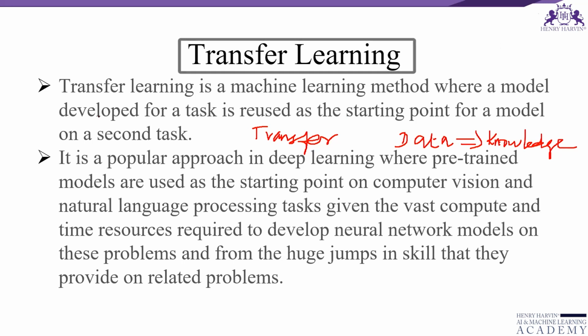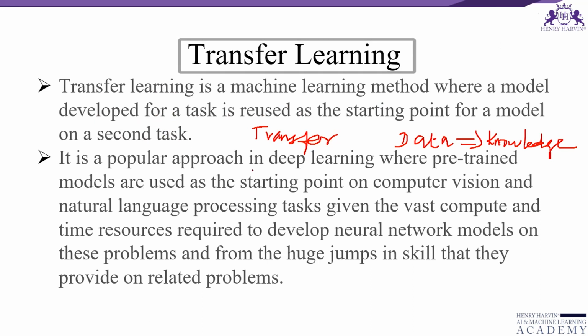Very simple. So transfer learning is a machine learning method where a model developed for a task is reused as the starting point for a model on a second task. So it is not necessary to start from scratch on the second task. We use the learning that happened on the first task on the second task.